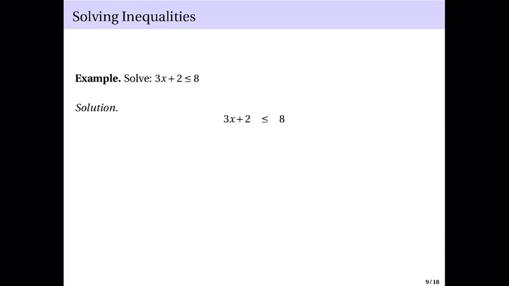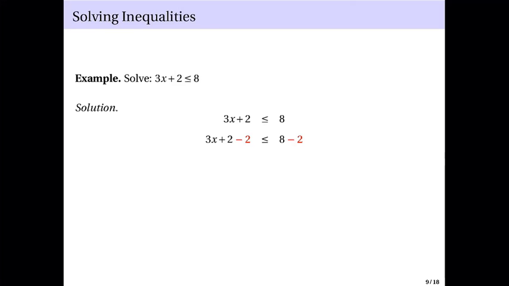So our very first step here, we add negative 2 on both sides of the inequality. I added negative 2 on the left-hand side. I also added negative 2 on the right-hand side. And notice, the inequality is retained. Less than or equal is still less than or equal.